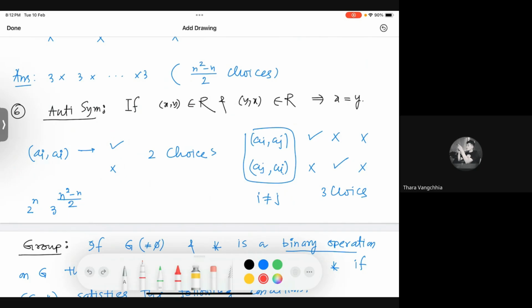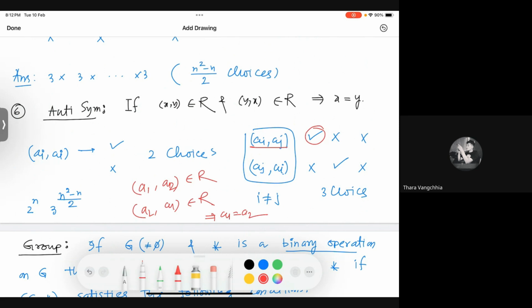Now see, for those elements (ai, aj) and (aj, ai), if this element belongs to the set R, then (aj, ai) may not belong to R. Why? Because if (a1, a2) belongs to the set R and (a2, a1) also belongs to the set R, it will imply a1 is equal to a2.